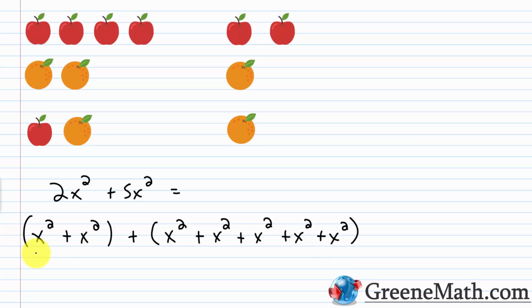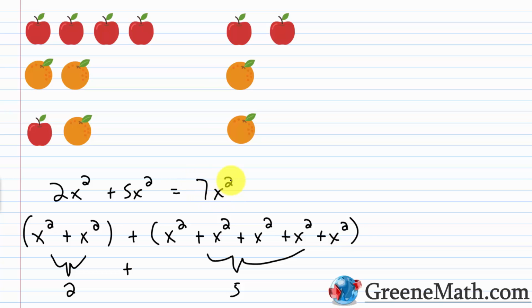So if I have, again, 2 of something plus 5 of the same thing, I know I'm going to have 7 of that, right? If I just went through and dropped the parentheses and said x squared plus x squared plus x squared plus x squared plus x squared plus x squared plus x squared, I'm going to have 7x squared, okay? So there's a few different ways you can think about this.